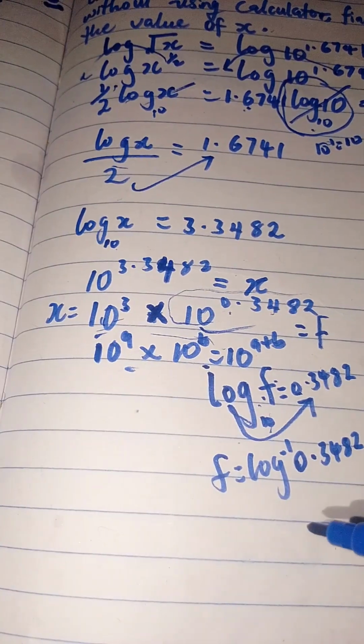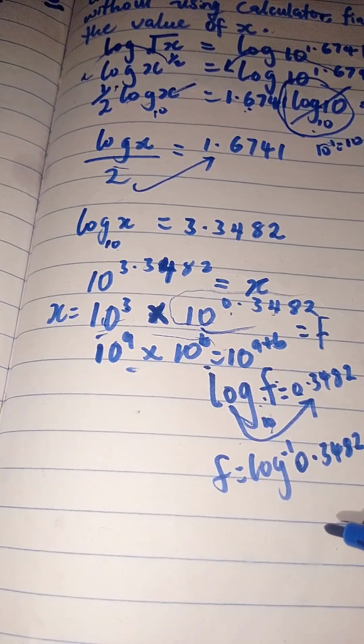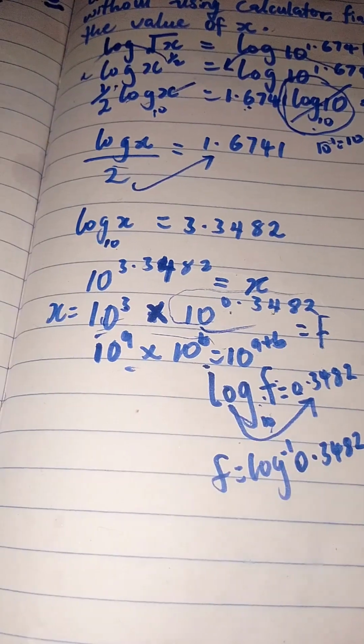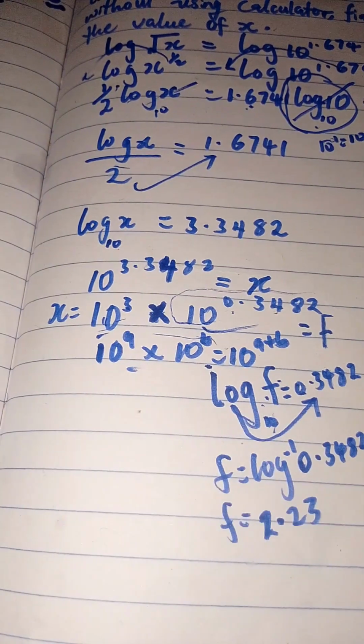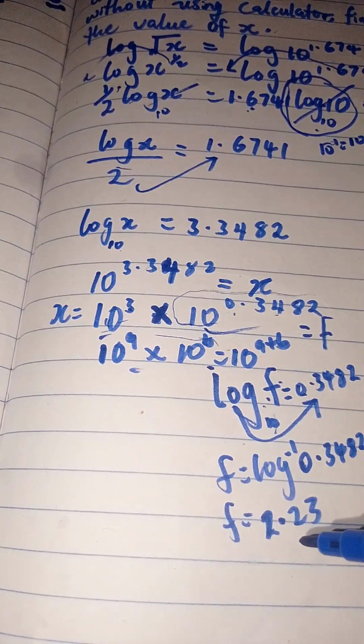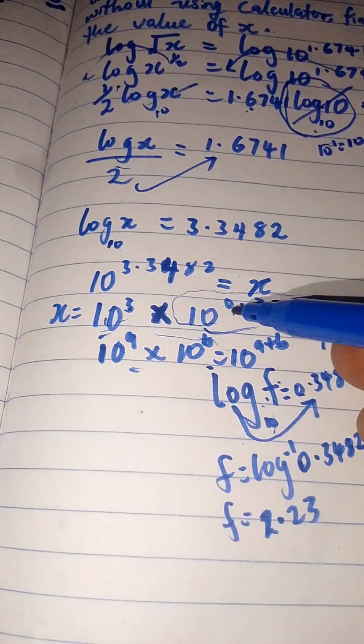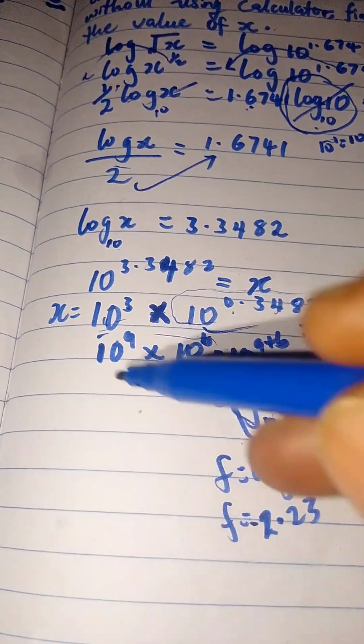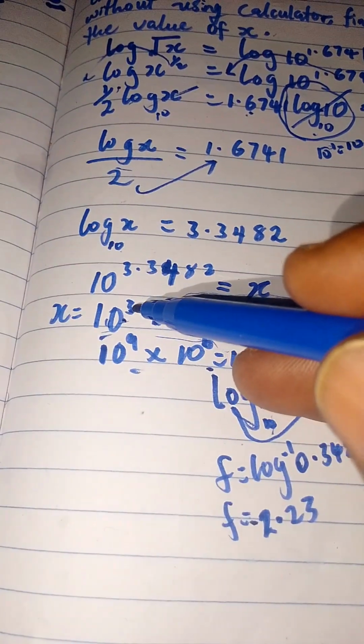Using our tables, we get 2.23. So the answer to this is 2.23. Then we multiply by 10 raised to the power 3, which we know is 1000.